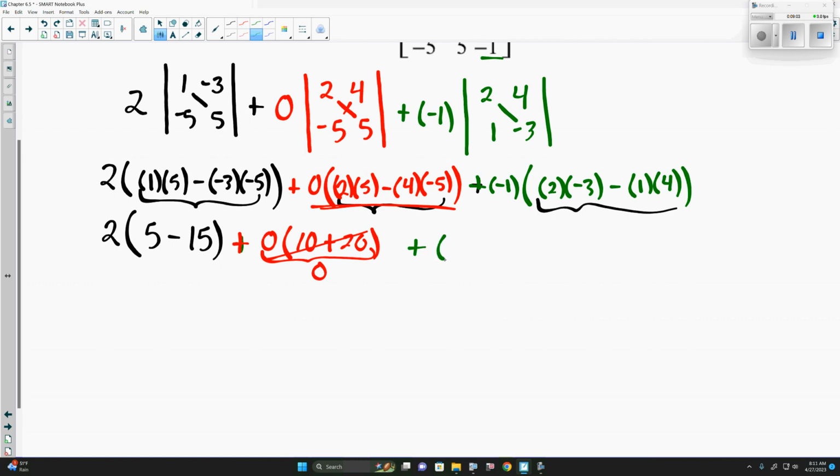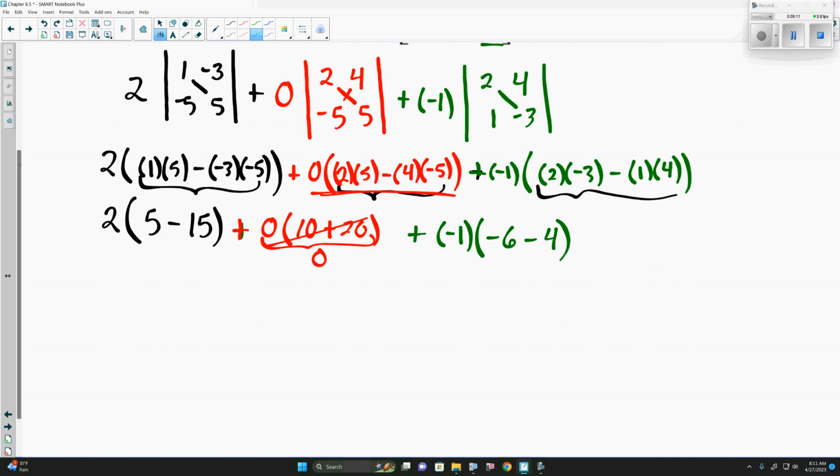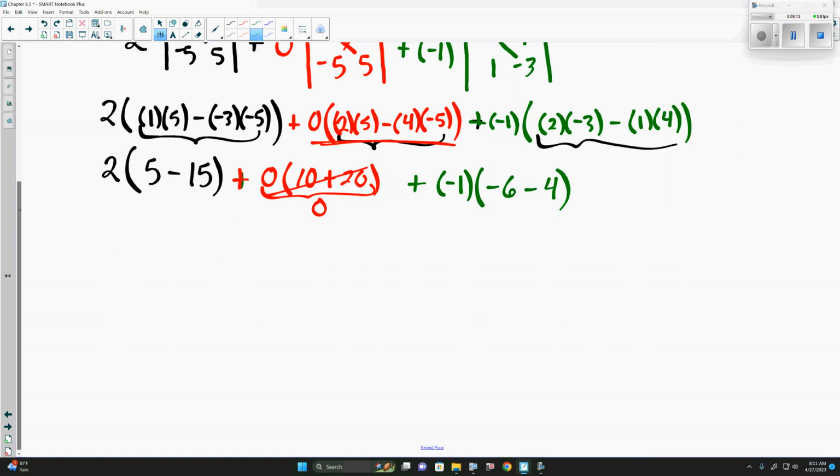Plus negative 1 times 2 times negative 3 is negative 6, minus 4 times 1. And lastly, we're getting close to the end. 5 times negative 15 is negative 10. We can just say plus 0, plus negative 1 times negative 10.